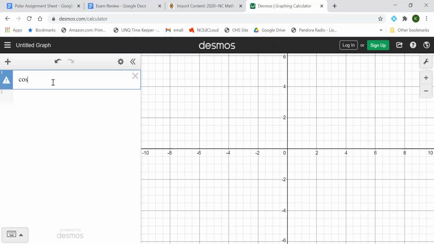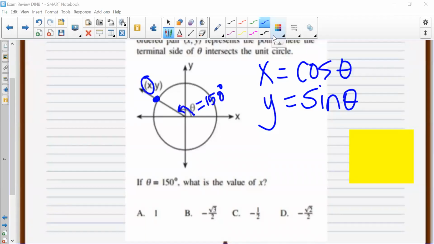So I'm going to do cosine of 150. And it gave me this decimal, negative 0.866025, all that. So let's go back and look at our answer choices. So negative 0.86, that's not 1, right? And that's not negative 1/2, because I know that decimal. So then I need to type in B and D and figure out which one's the same decimal.